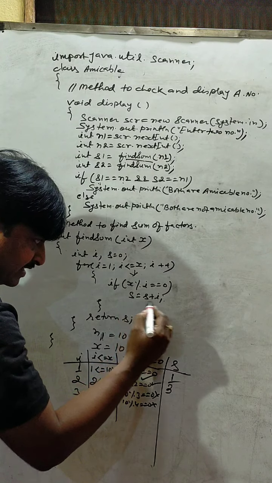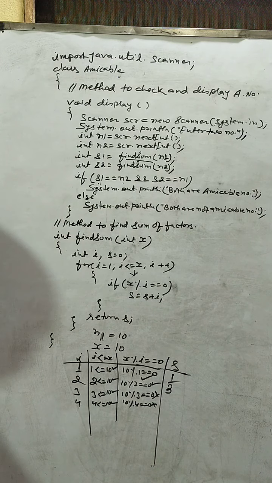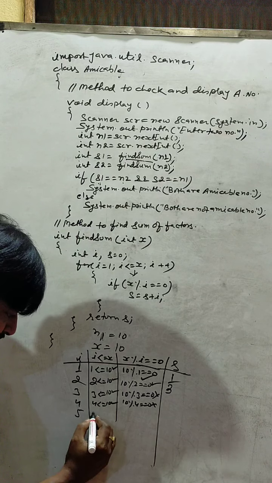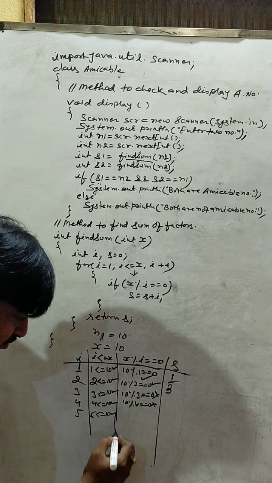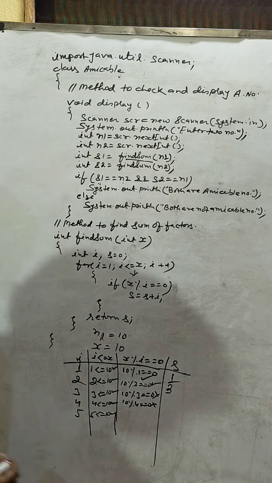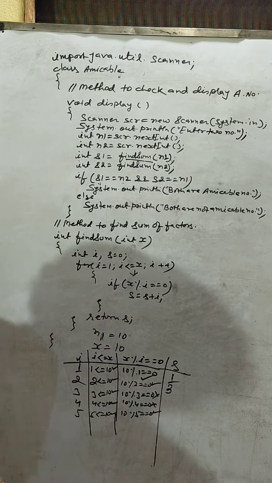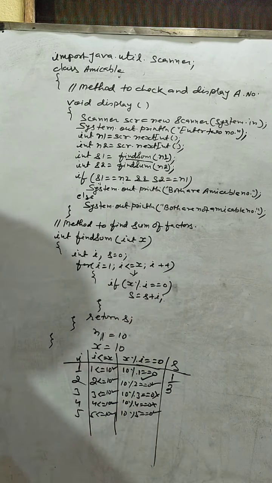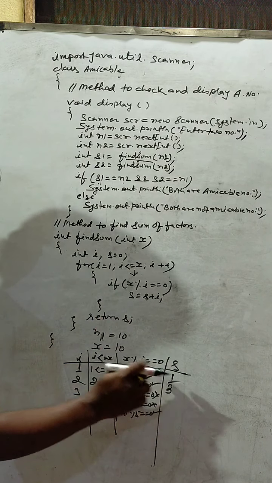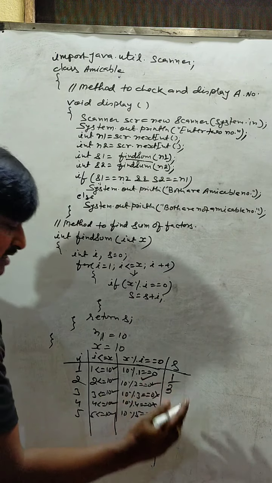So again s equals s plus i will not execute. i plus plus, that is 5. 5 less than or equal to 10 is true, and 10 mod 5 equals 0 is true. Therefore this time s equals s plus i will execute. The value of s is 3 and now i is 5. 5 plus 3 is 8.